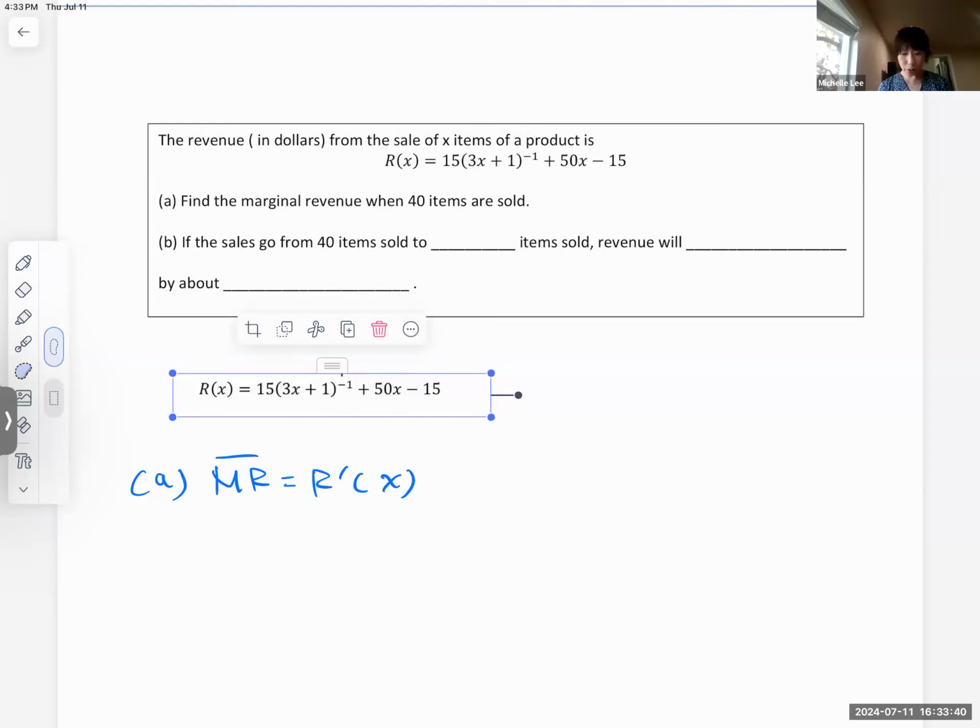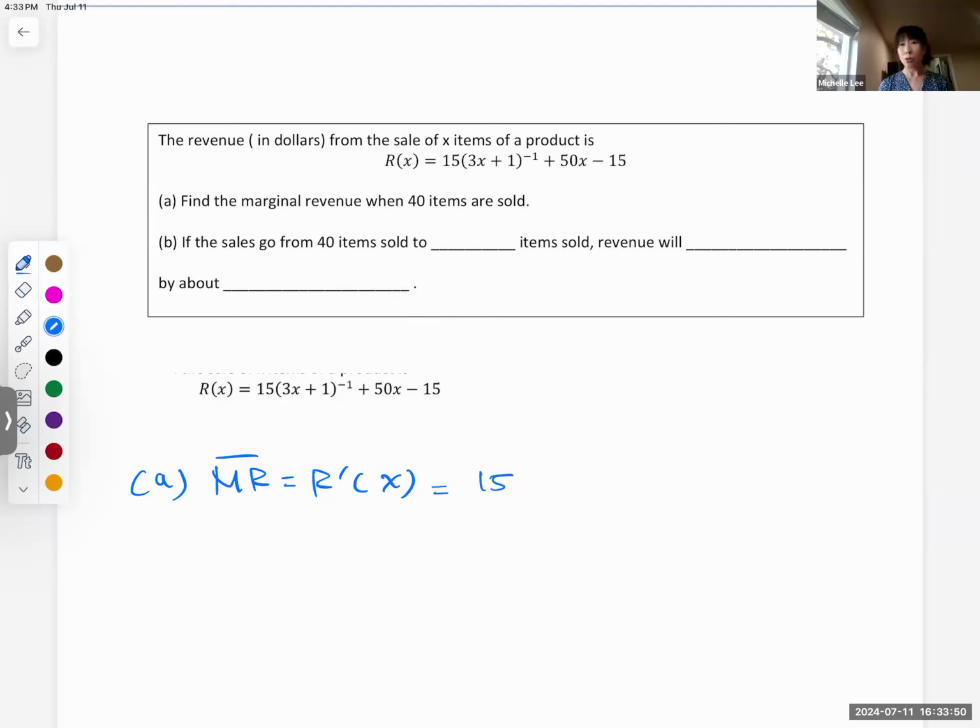Okay, so we want the derivative. First term: we drop the power 15, and 3x plus 1, excuse me. Now reduce the power by 1, so negative 2, right?